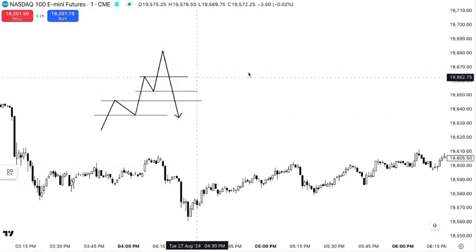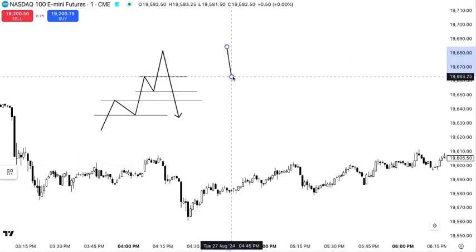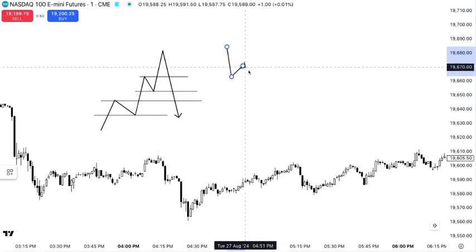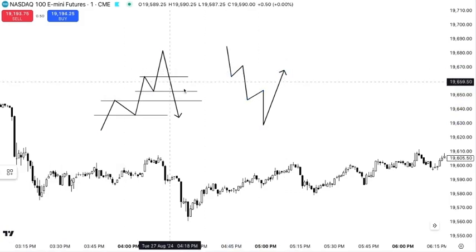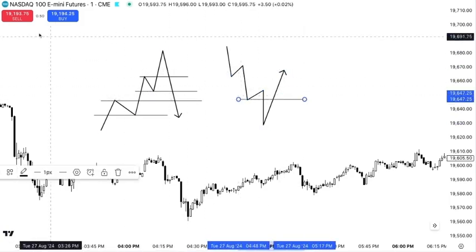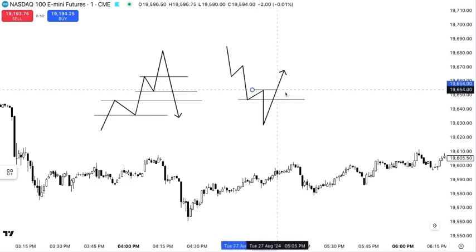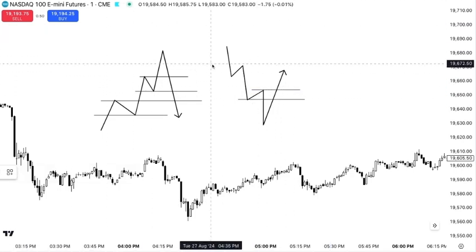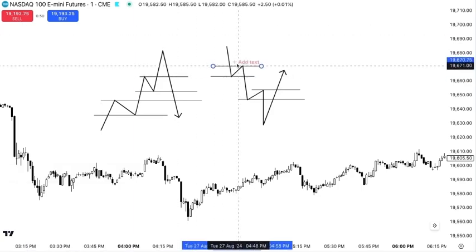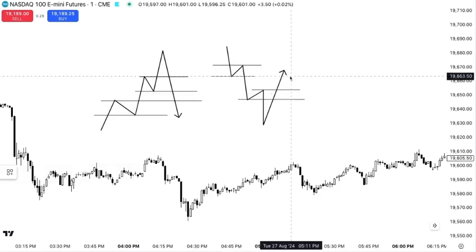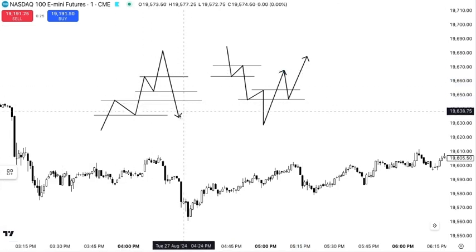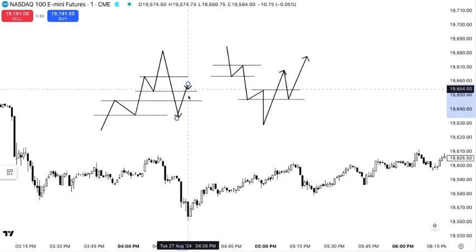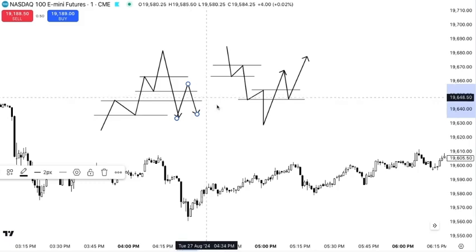Same thing with the downtrend. Same thing with the downtrend right here. Alright, and then price would just come back into here and back out. Same thing with this one. Price will just go into there and then back out. So that's just how that works.